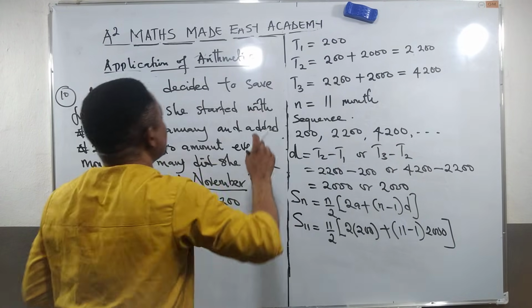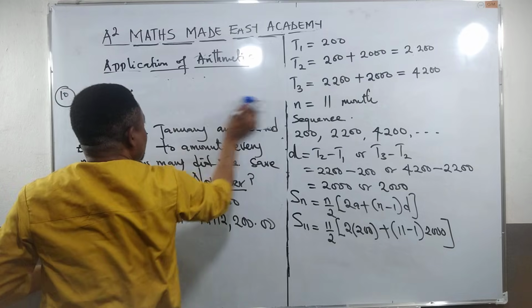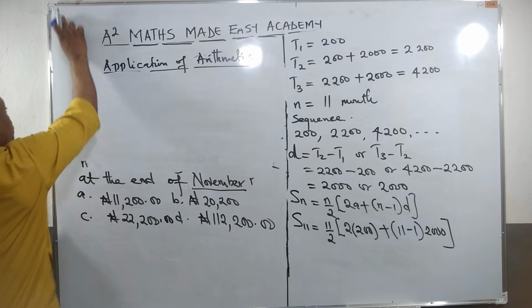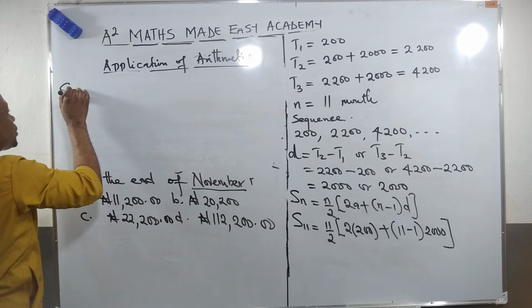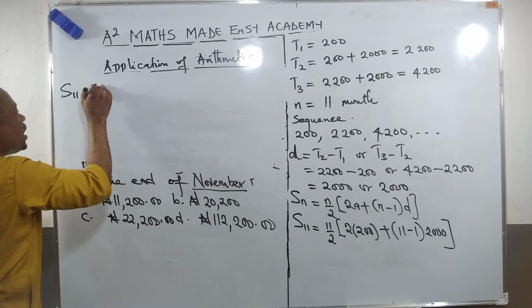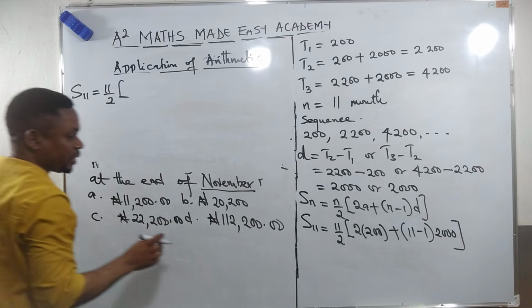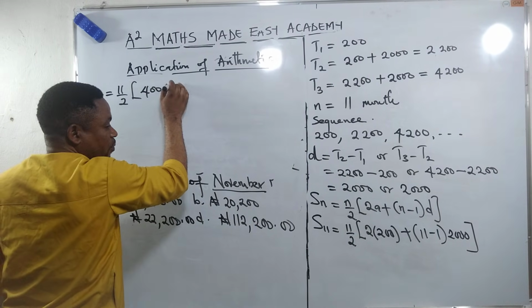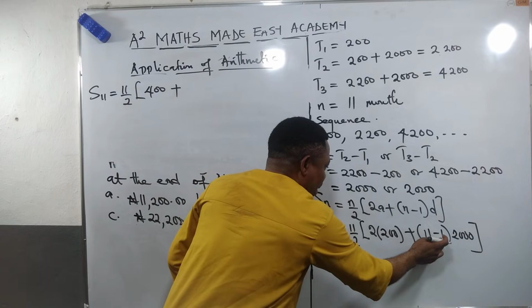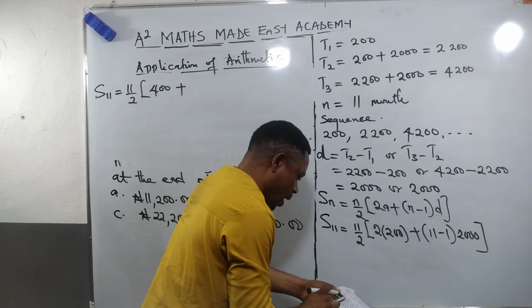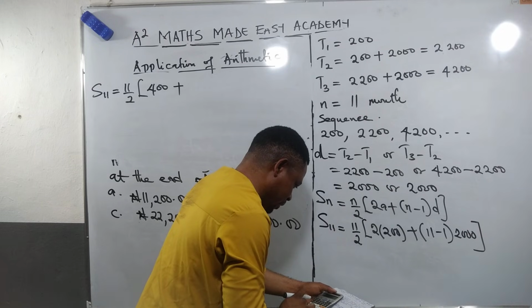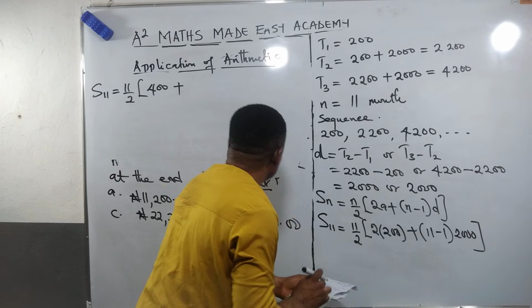Can we continue now? S11 is 11 over 2, open bracket, 2 times 200 will give you 400, plus 11 minus 1 will give you 10, and 10 times 2,000 will give you 20,000.